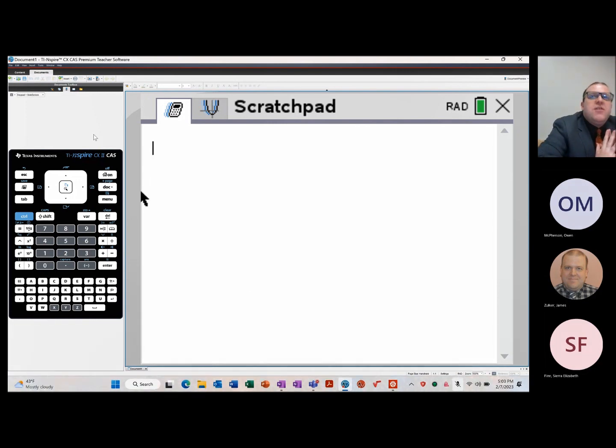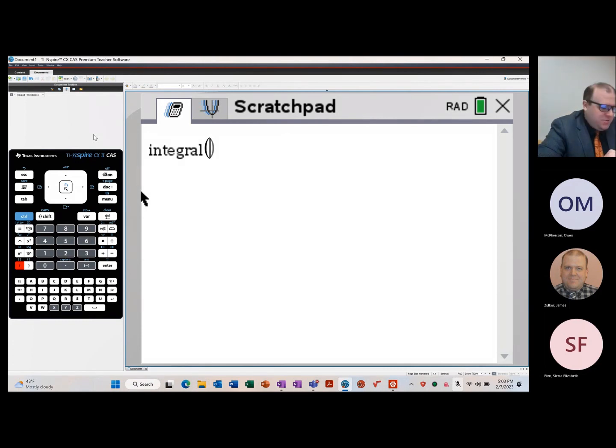Two options. You can type in integral using your keypad. Then just type in the function.